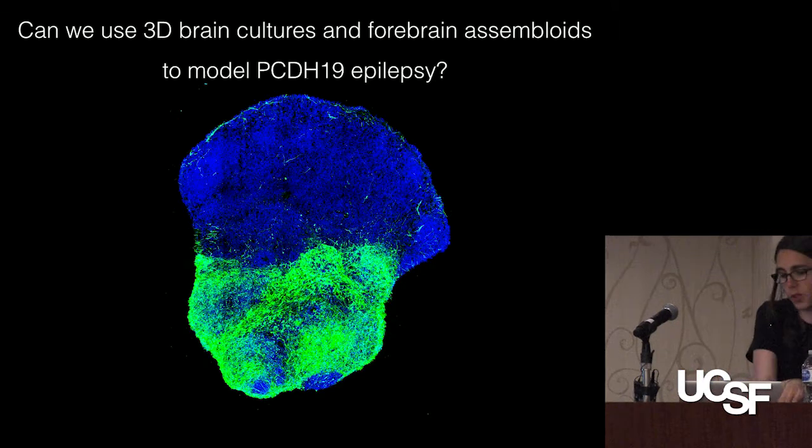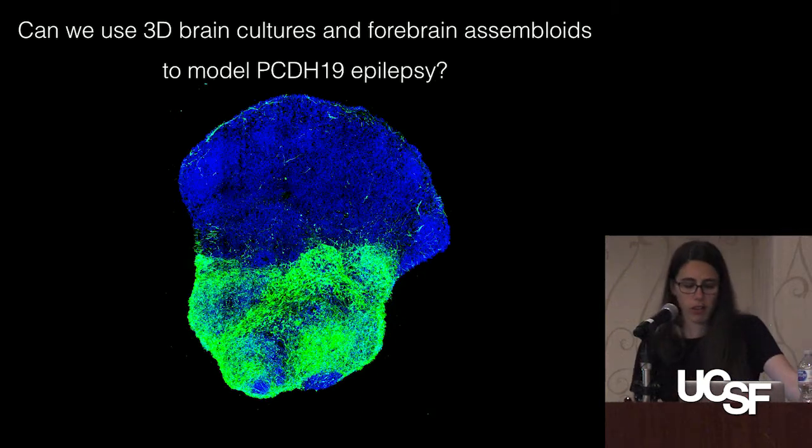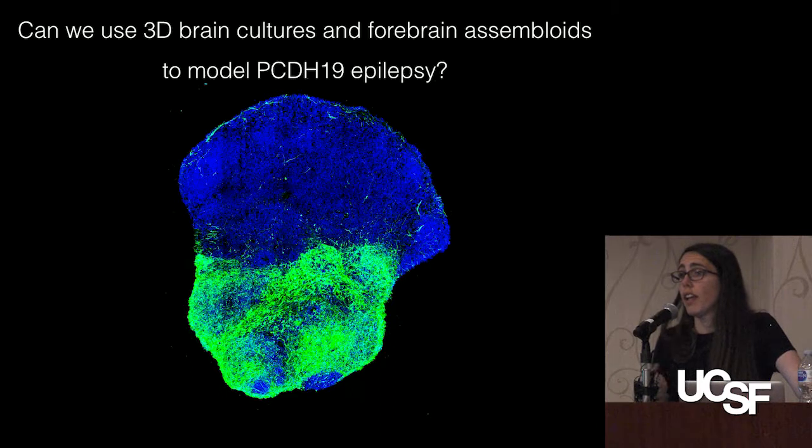We heard today a lot about the possible functions of PCDH19. So I won't go into detail, but from what we heard today and from the literature, we think PCDH19 is involved in cell-cell interaction, migration, and synapse formation. These are things that we can actually model with our system.